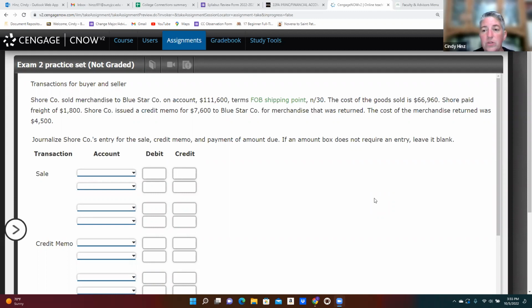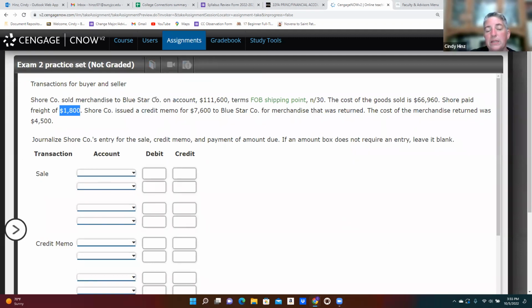Tells us the cost of goods sold, tells us that the terms are net 30, so there's no discount involved here. It tells us that Shore paid the freight, but we said it's the buyer who owns the product while it's in transit. The buyer is Blue Star Company, so even though Shore paid that freight, Blue Star now owes that additional freight to Shore Company.